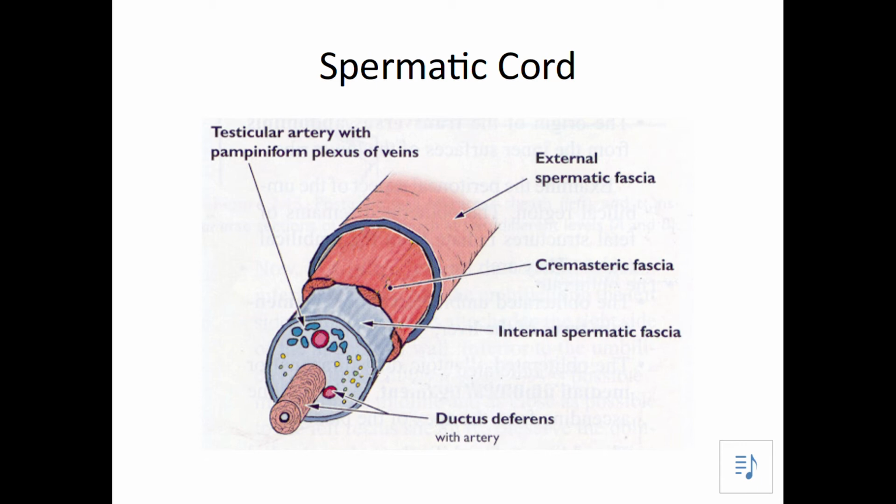In between, in the cremasteric fascia, you've got the smooth muscle that allows movement and positioning in here, and also compresses the ductus deferens to move the sperm along through the ductus deferens. Inside there you have the arteries and the veins, and you also have the nerves and that duct.